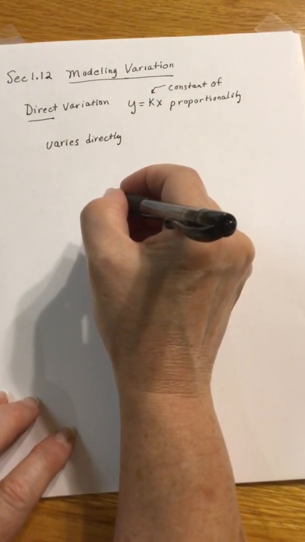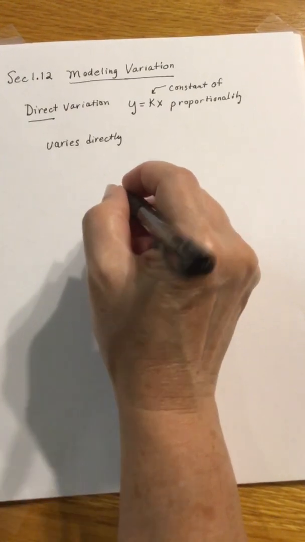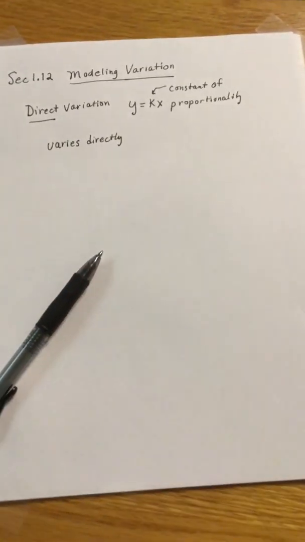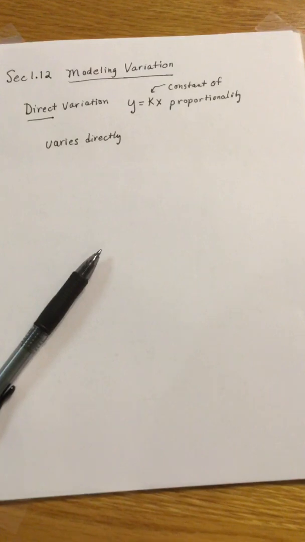So we're going to look at page 123, number 1. During a thunderstorm, you see the lightning before you hear the thunder because light travels much faster than sound.